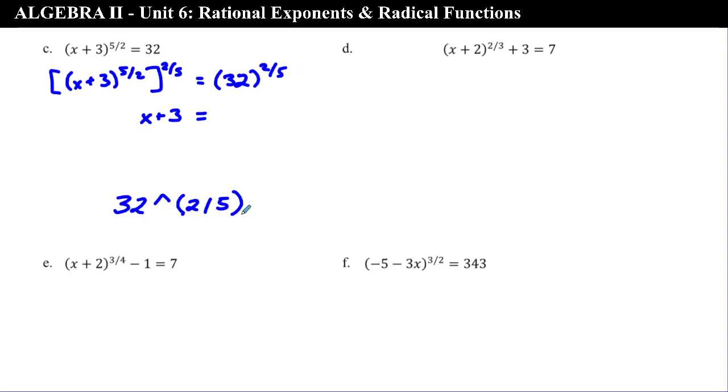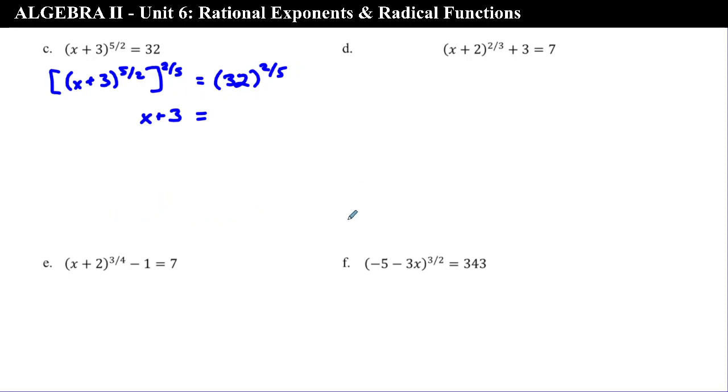Otherwise, you'll end up doing 32 squared divided by 5. So when you do rational exponents in your calculator, make sure that rational exponent is in parentheses.